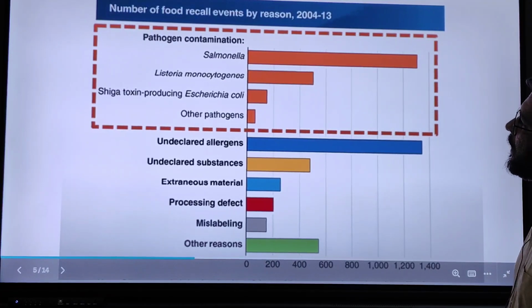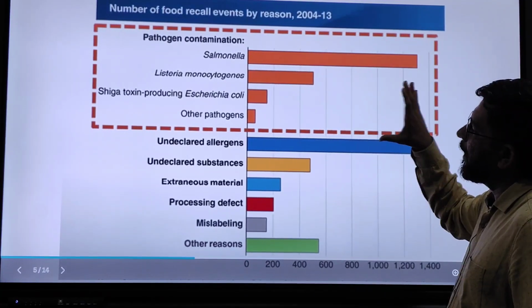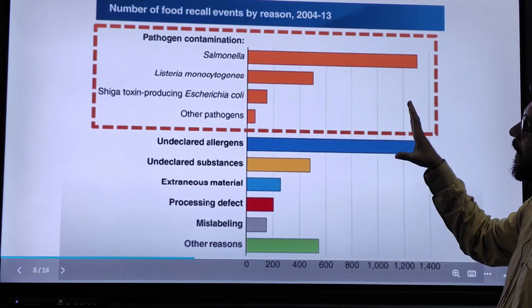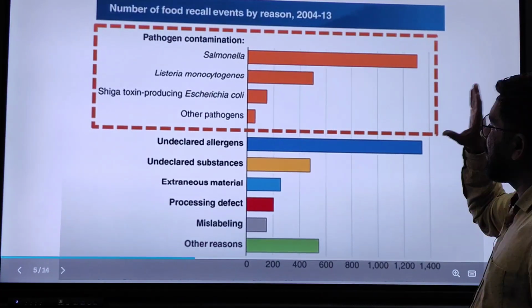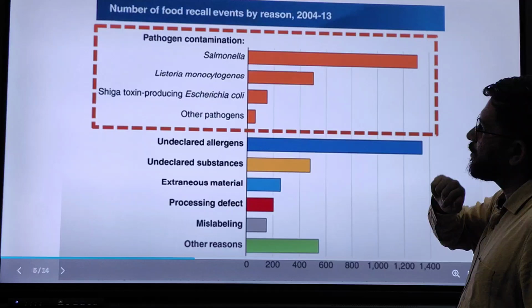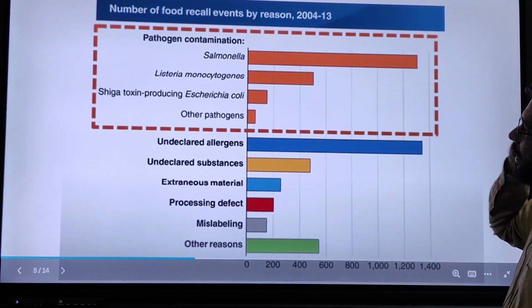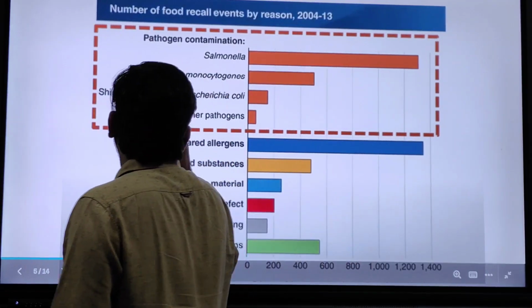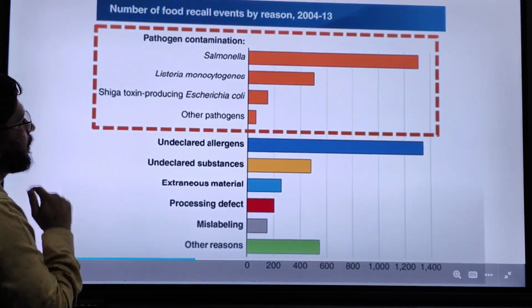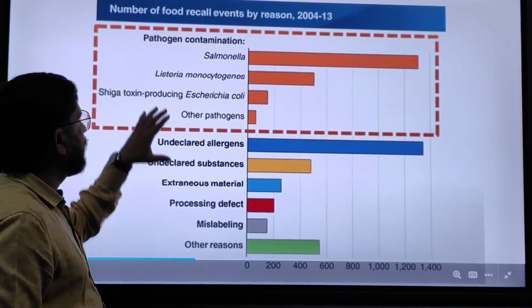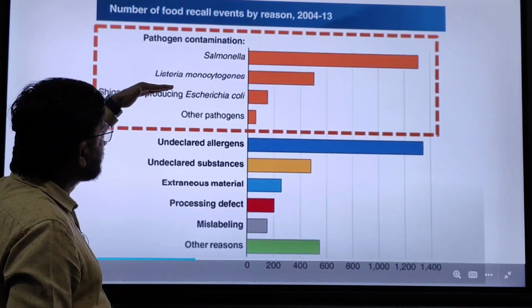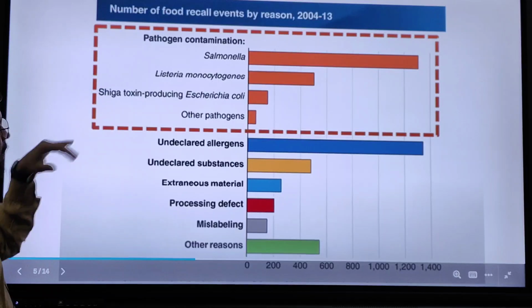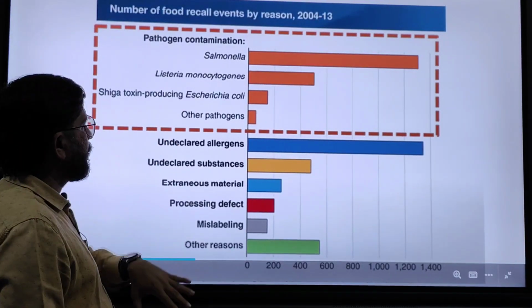In this you can see the major contaminants. As I discussed, bacteria and viruses are the major contaminants of food, and among bacteria, Salmonella species is reported to have the highest contamination pattern compared to the other bacteria, followed by Listeria, E. coli, which is capable of producing Shiga toxin, and the other pathogens.